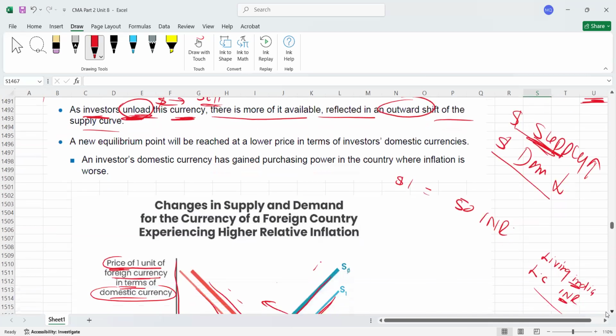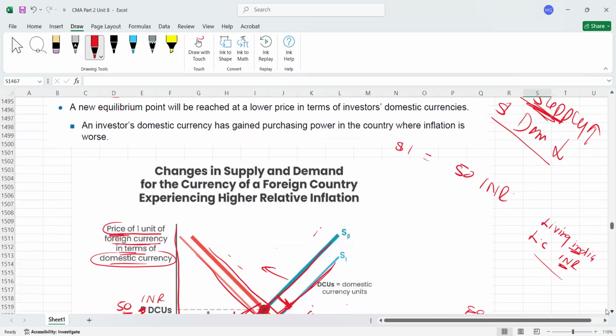Now, what will happen at the new equilibrium point? Maybe because dollar demand is not there, previously you were paying 50 rupees to buy $1. Maybe now, due to less demand for dollars, you can get the same dollar by paying 45 or 40 Indian rupees.